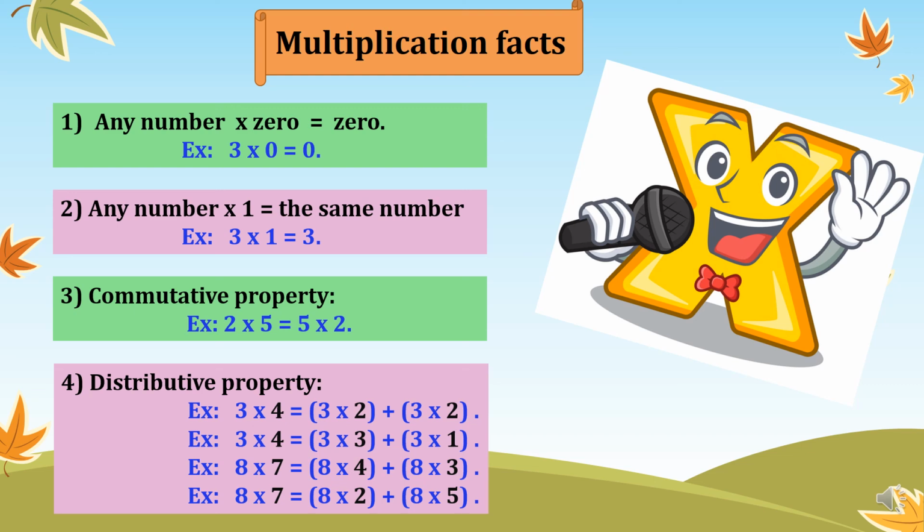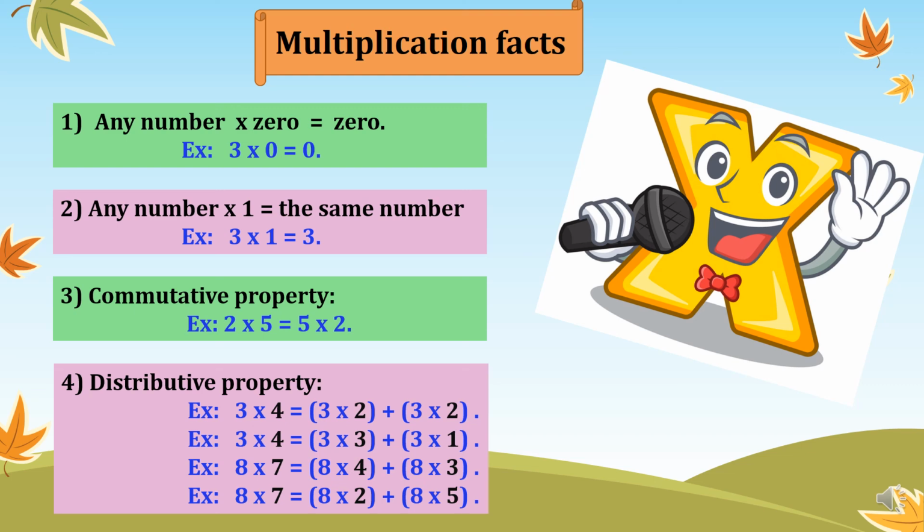For example, also I can multiply 8 times 7. I can split 7 into 4 and 3. So it will be 8 times 4 plus 8 times 3. Or I can split 7 into 2 and 5. It will be 8 times 2 plus 8 times 5. Or what else?